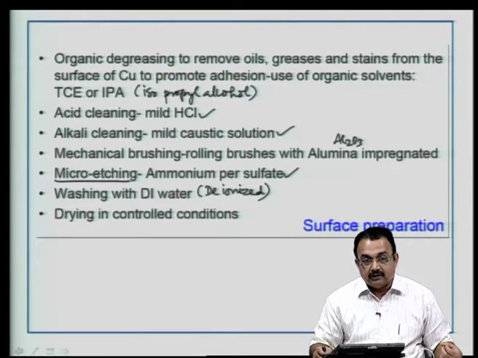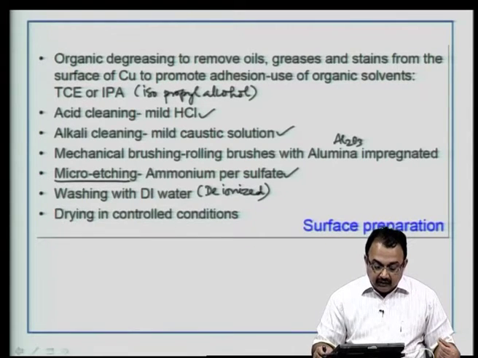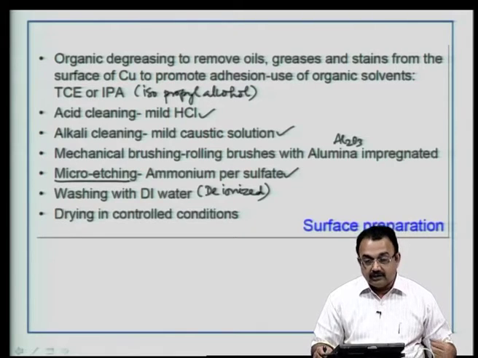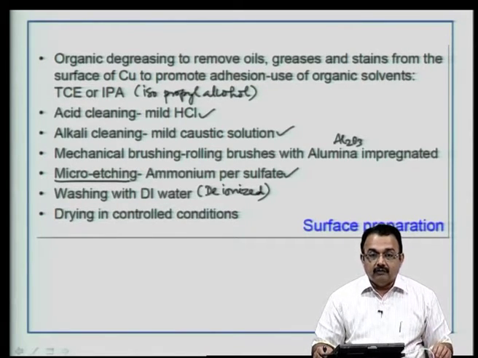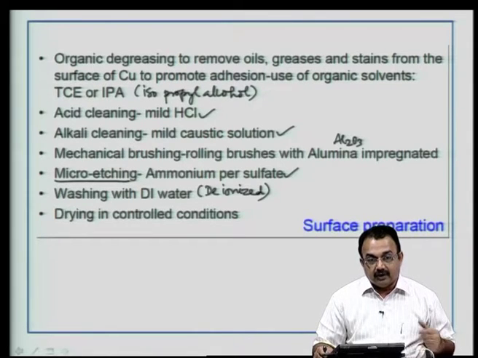No salts are present. So, tap water contains a lot of salts. So, you have to treat it to get DI water, and finally, drying in controlled conditions. So, these are the number of steps that you can probably do for keeping a copper clad laminate surface clean. So, you can use both chemical cleaning as well as mechanical cleaning.